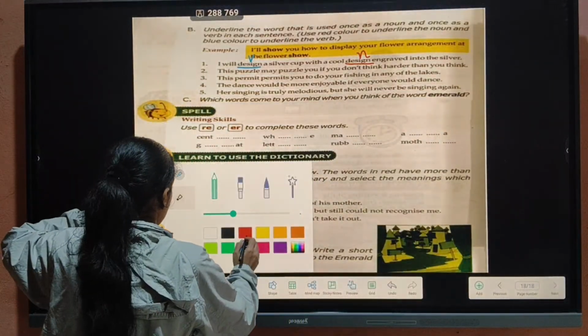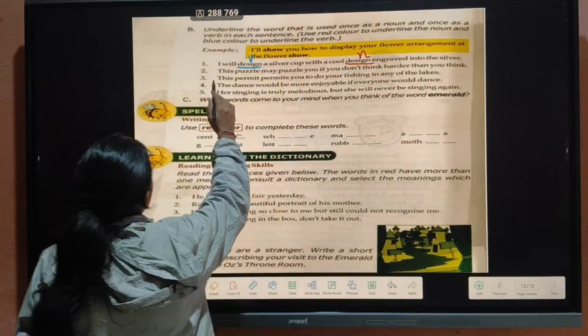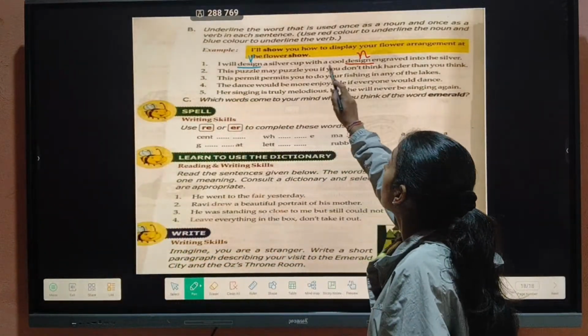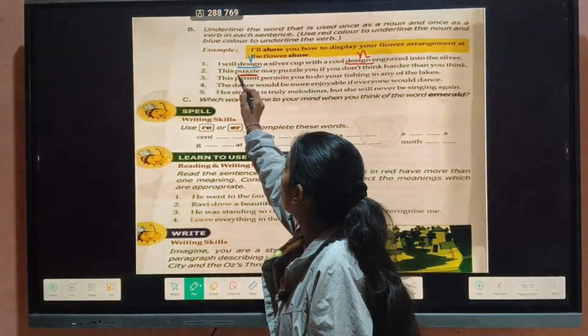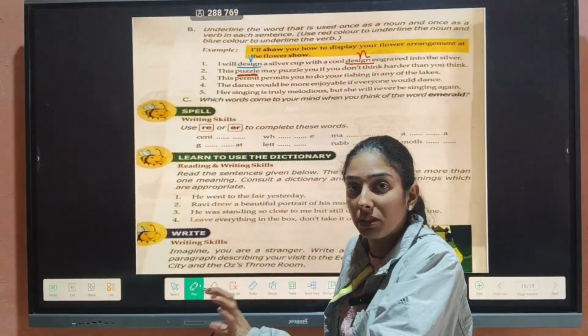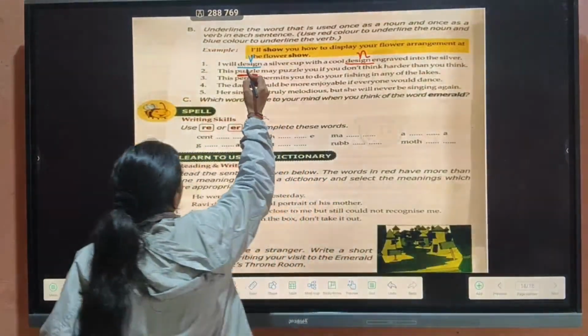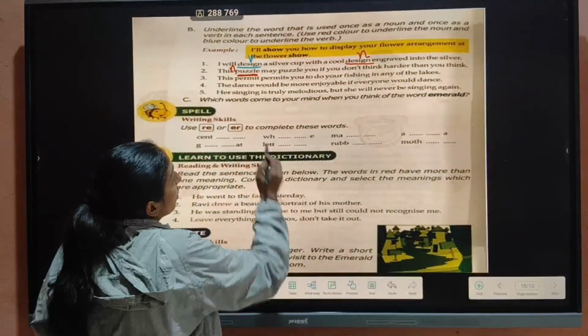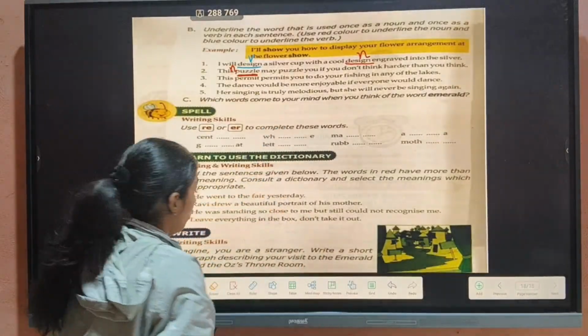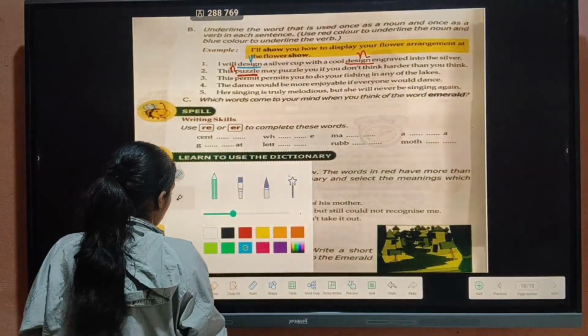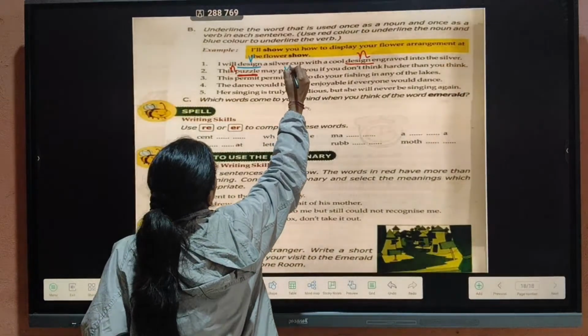Second sentence: this puzzle may puzzle you. This puzzle means I am talking about a thing, this puzzle, this is a noun. May puzzle you: here puzzle means confuse you, so it is a verb.